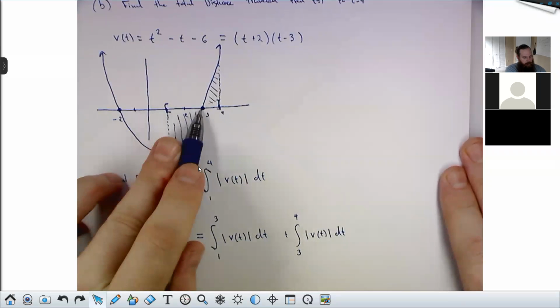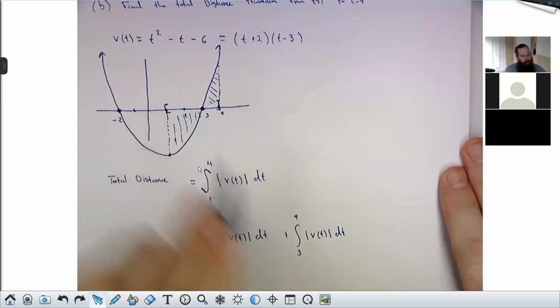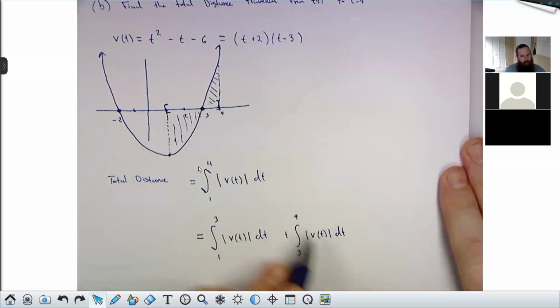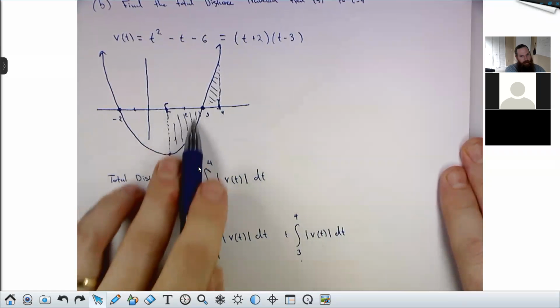From 1 to 3, my function is negative. From 3 to 4, my function is positive. So from 3 to 4, I don't need to do anything. But from 1 to 3, I need to negate this to make it positive.